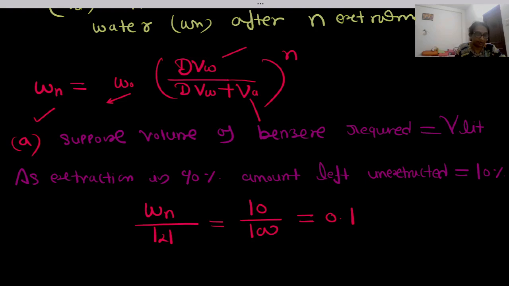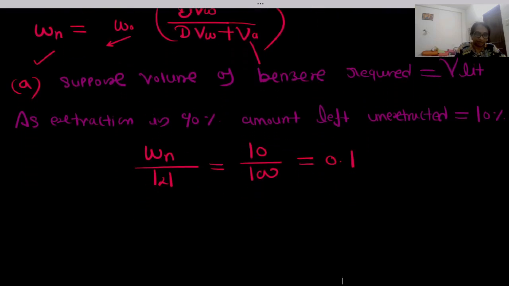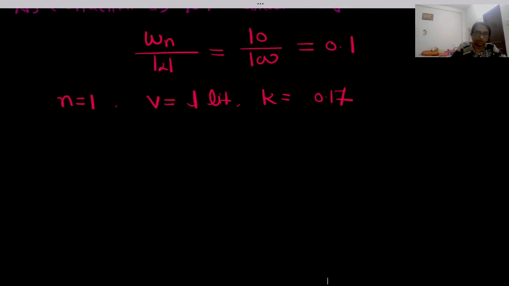N is equal to 1 and V is equal to 1 liter and K is equal to 0.17, given in our question. N is the number of moles, volume is 1 liter and K is the distribution constant. Substituting these values in the general formula for extraction.